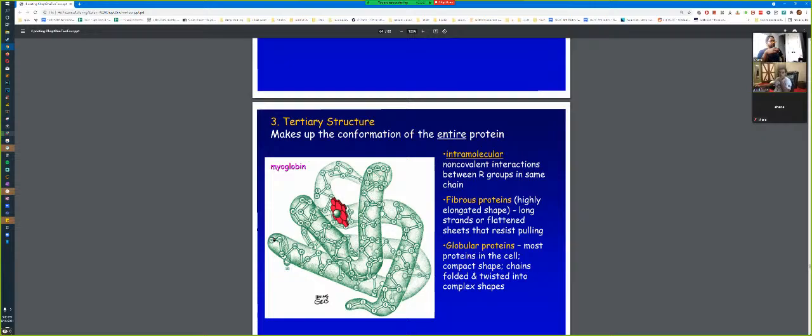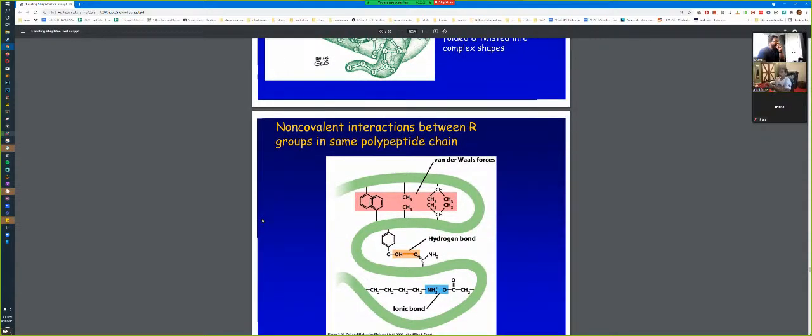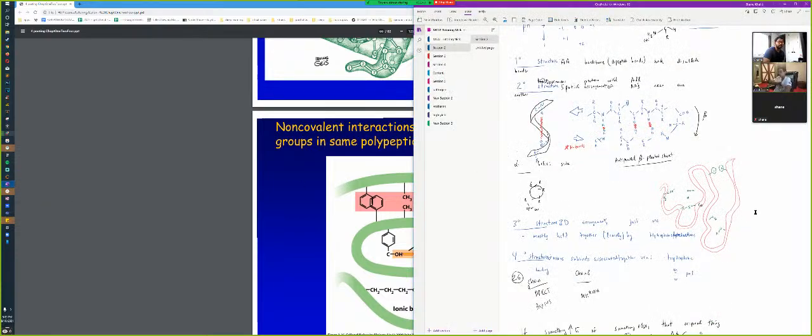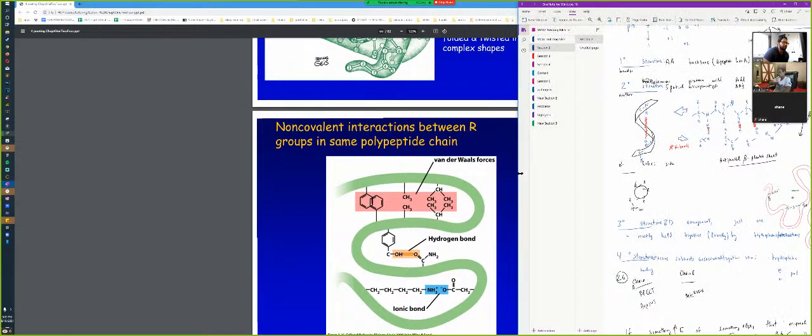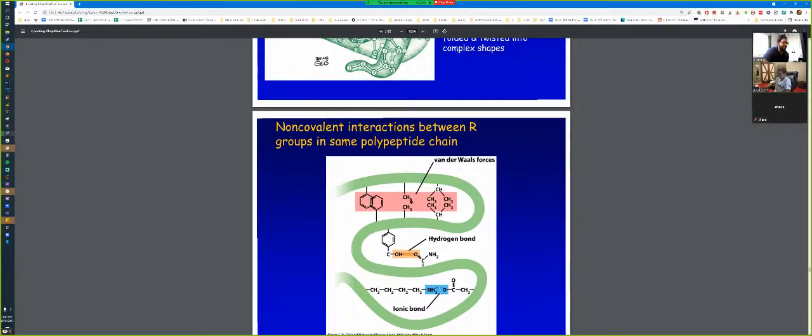Okay? Got it. And there are going to be hydrophobic interactions and stuff like that. That looks a lot like what I drew over here. So here's an example. These are van der Waals forces.